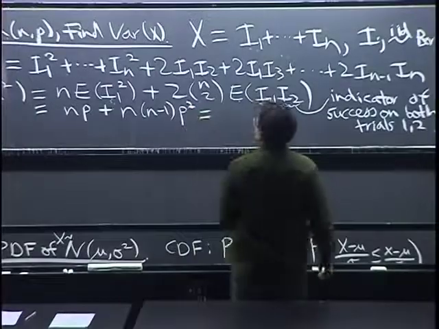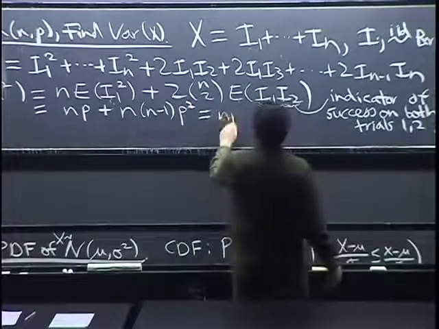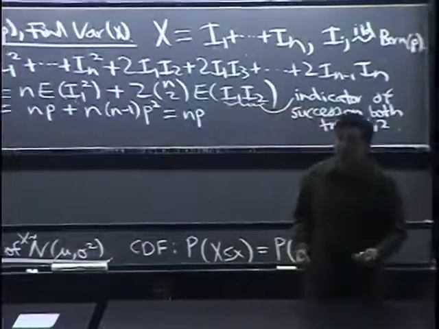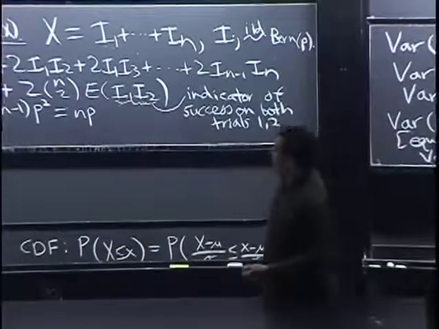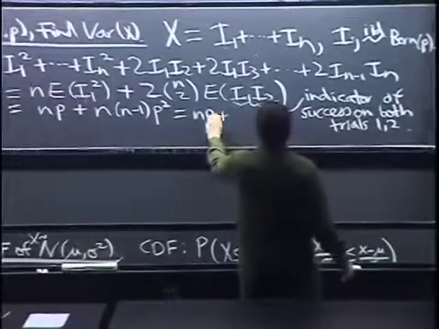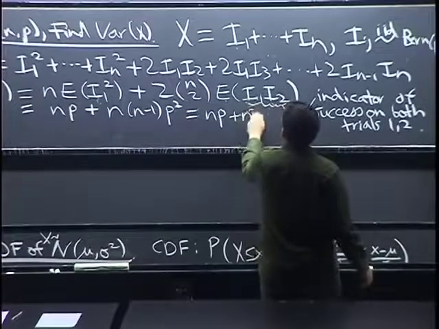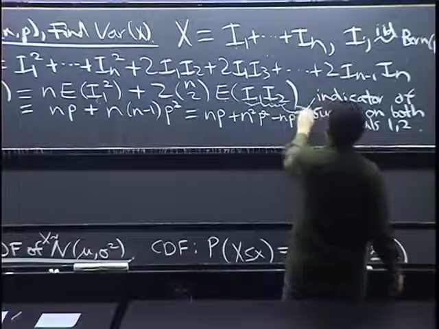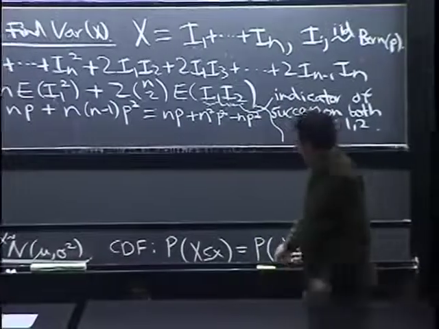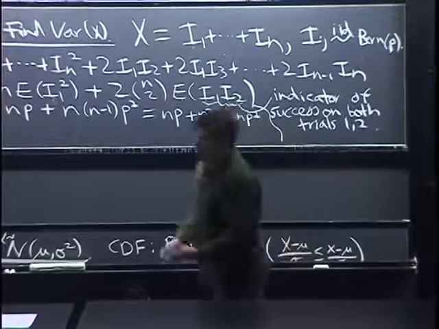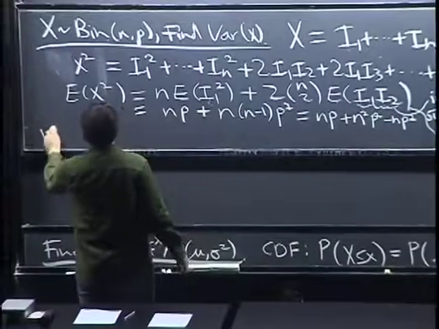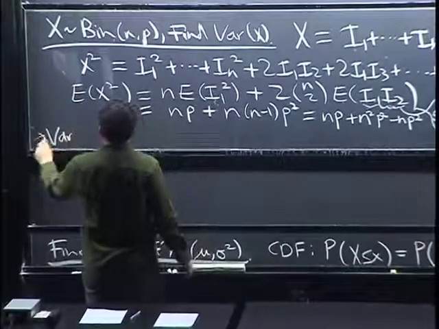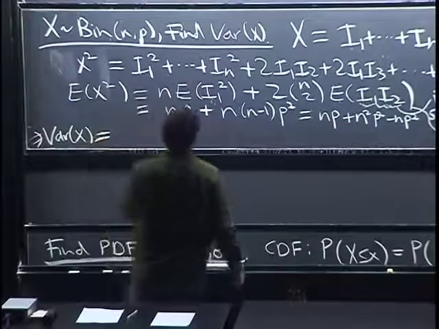Okay? So what we just computed is the second moment of the binomial. That's np plus, if we multiply it out, np plus n squared p squared minus np squared, right? Now, to get the variance, all we have to do is subtract the square of the mean.